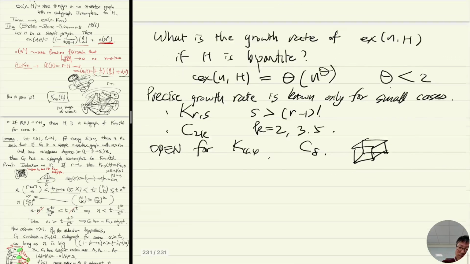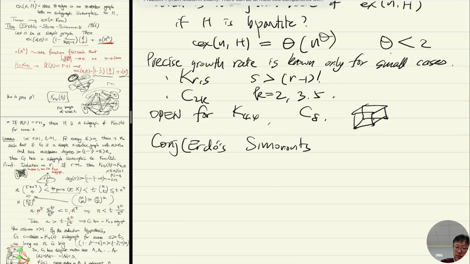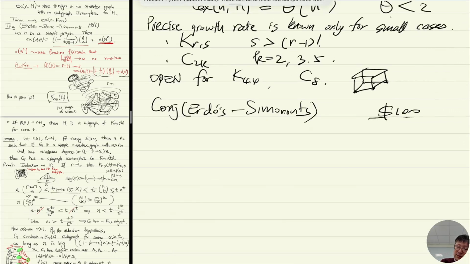Let me tell you one more conjecture. Okay, so the conjecture by Erdős and Simonovits. And this conjecture has a prize of $100 from Erdős. So if you solve it, then you may get a prize.